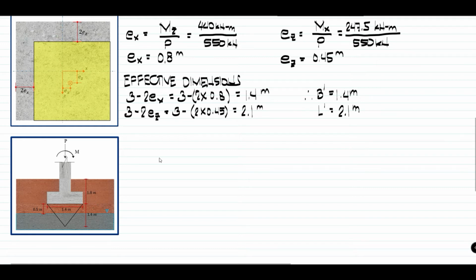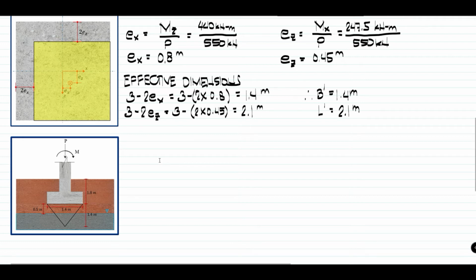So, sabi nga natin sa procedure on our previous topic regarding the ultimate bearing capacity for the Meyerhof's equation, ang kunin lang natin dito is yung triangle na to. Pero ngayon, ang gagamitin natin, kasi dati this is B, ngayon ang gagamitin natin is kung ano man yung nailabas nating B prime. So yung 1.4 na yung gagamitin natin. So ang height din ng triangle will be 1.4.